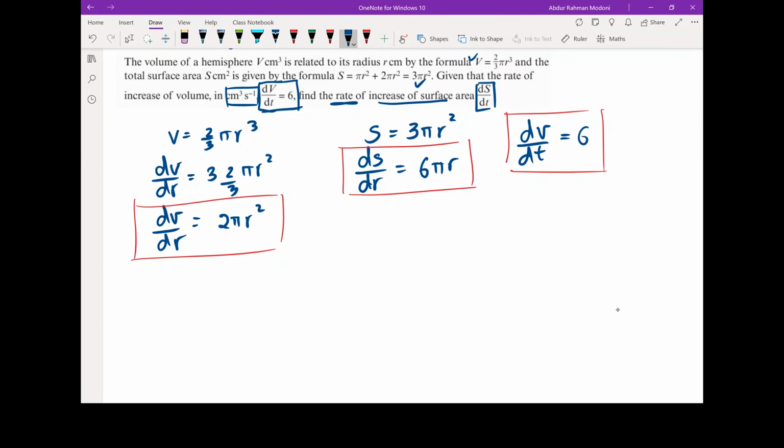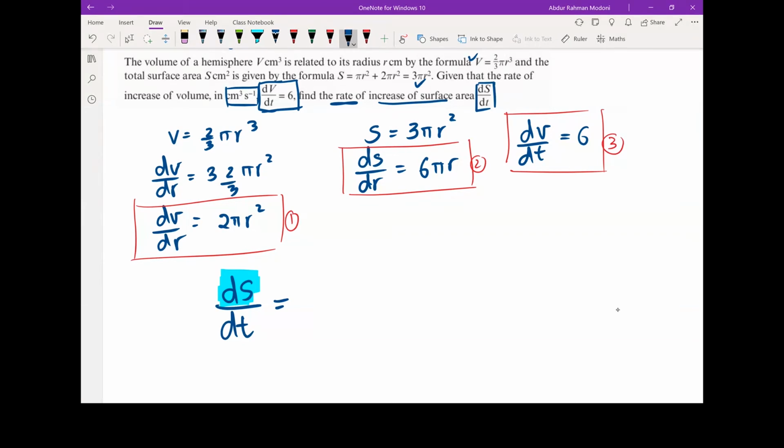So let's write down what we're after. We're after dS by dt. That's what we want to find. Now, how can we find out what dS by dt is using all the equations that we have? Well, notice my starting point. I'm always going to look for what's on my numerator, dS. Do I have a differential from one of those? I'll label them number 1, number 2, and number 3. Do I have one which has dS in it?